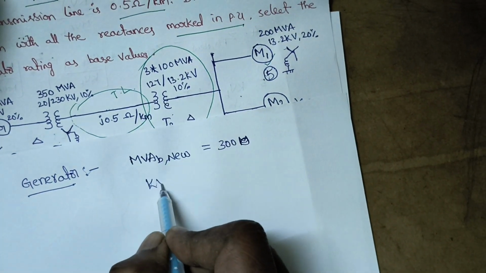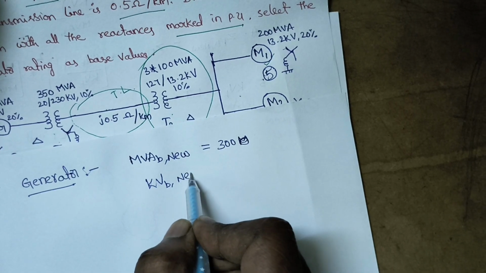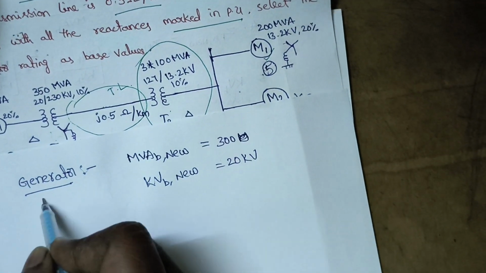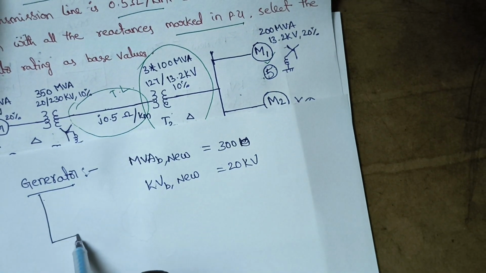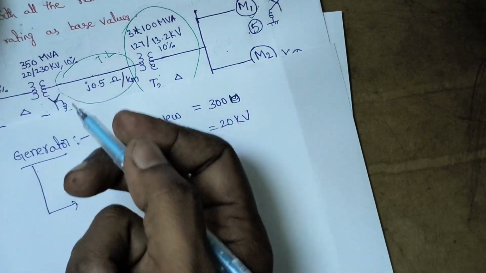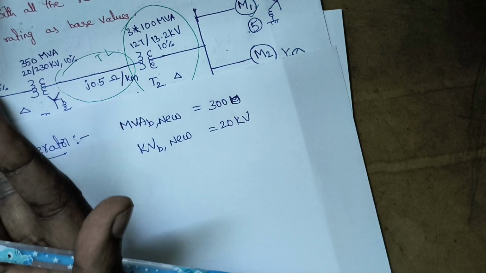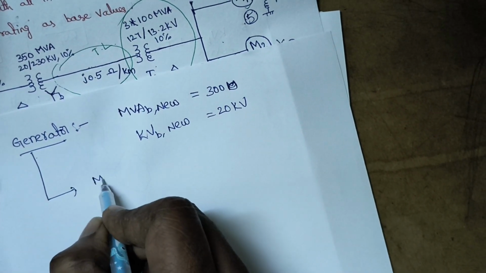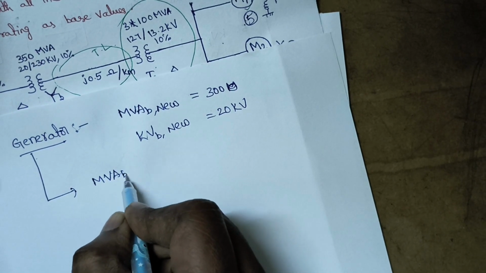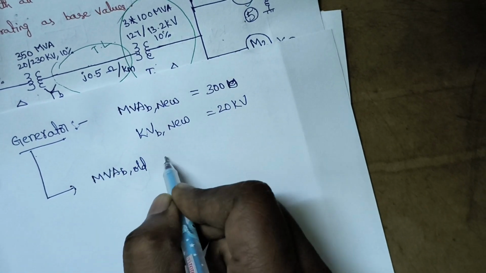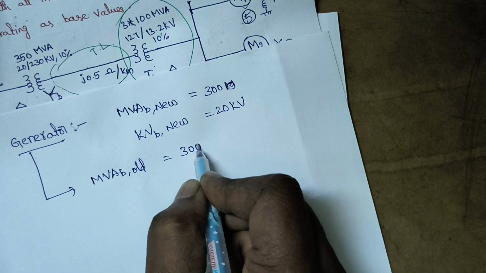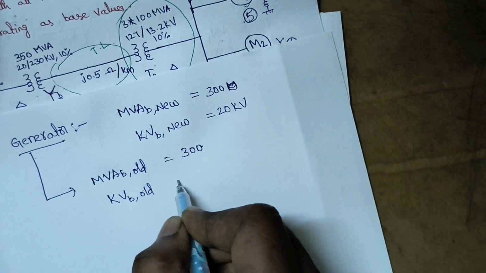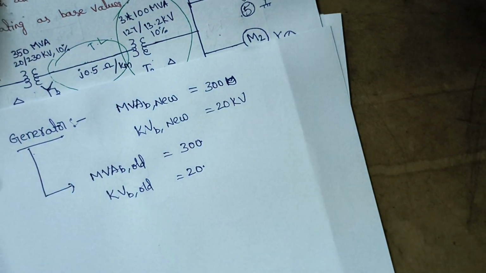Next, kV base new is equal to 20 kV. For this generator he has given the same value, that means we are taking the generator ratings as the base values. Therefore, MVA base old is equal to 300 only, and kV base old is also 20 only.